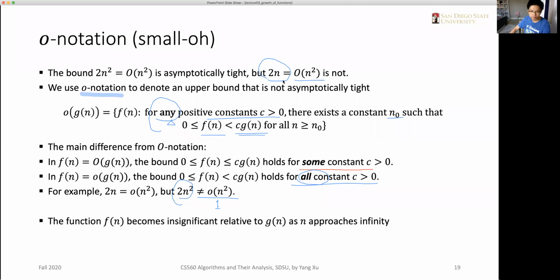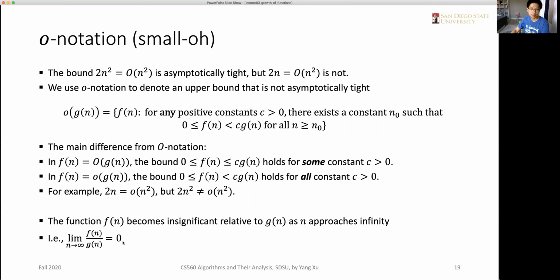So basically the small o notation means that the target function f of n becomes very insignificant relative to g of n as n approaches very big values. So that's the small o notation.